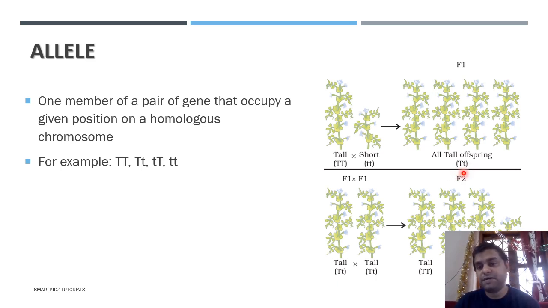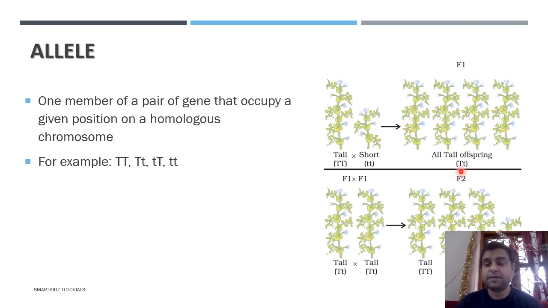In this case, it becomes heterozygous because they are different. One is coding for the tall characteristic, one for the short characteristic. Hence they are different, but the characteristic is the same, that is the height of the plant.